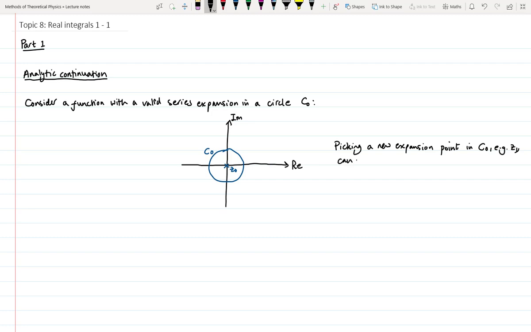This can yield a series with a different circle of convergence, which we might call C1. In the complex plane, let's say that this is our new expansion point Z1, and we end up with another circular region of convergence centered on that point, something like this.